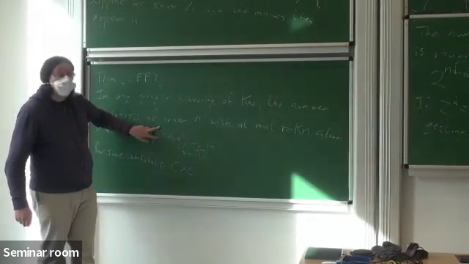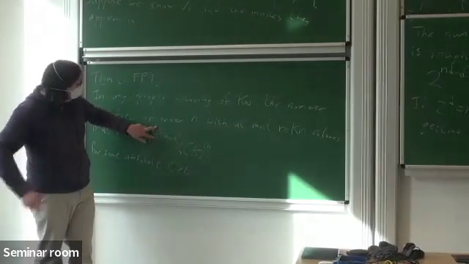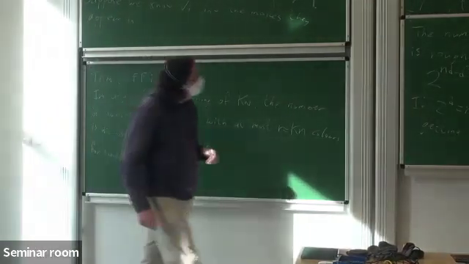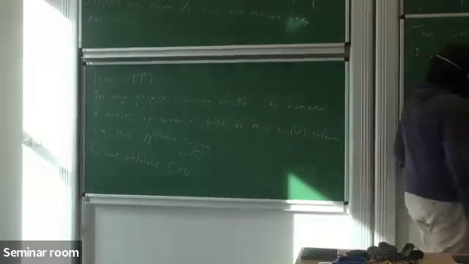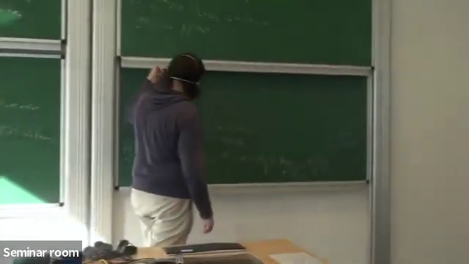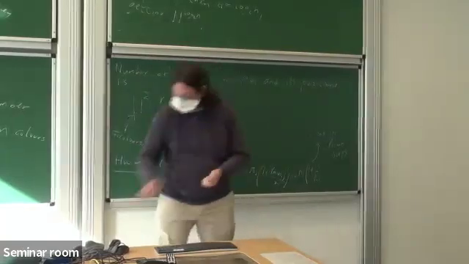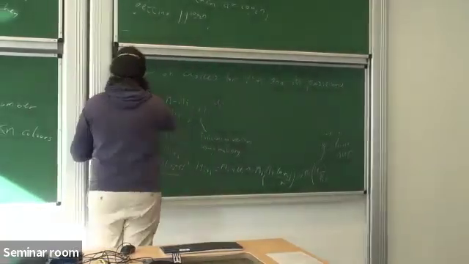And if you can improve that to 1, it would be a very nice result that I might come back to, but you definitely need this factor. You also need a factor.